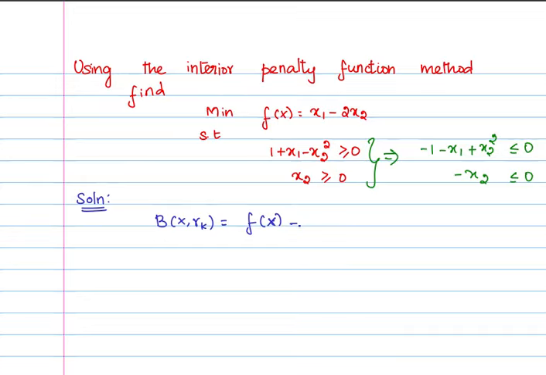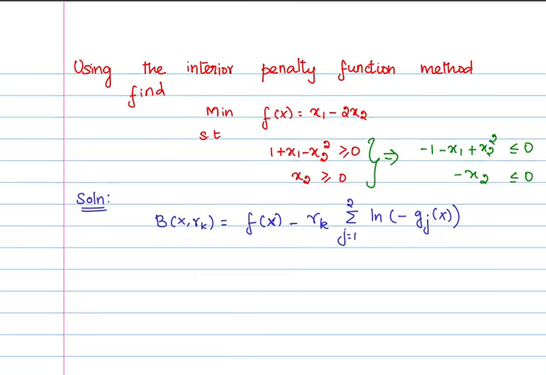Minus rk times summation j equal to 1 to m. So here m is 2, only 2 constraints. So logarithm of minus gj of x. This is my barrier function.